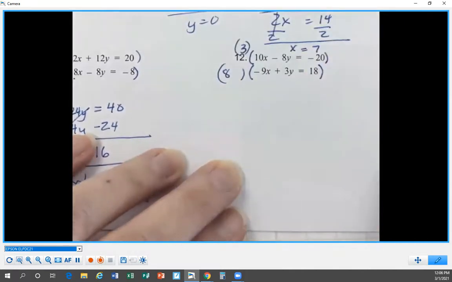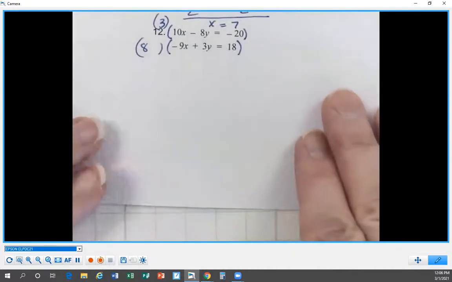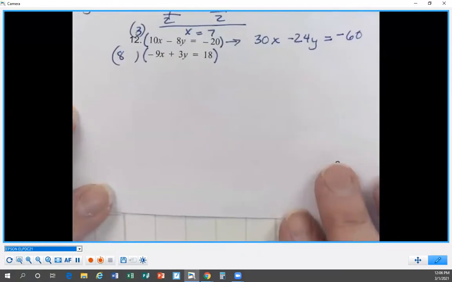And we do have plenty of room here, so I'm just going to move this right over to the right. 3 times 10 is 30x. 3 times minus 8y is negative 24y, or minus 24y equals, and 3 times negative 20 is negative 60. See if we can get that to focus a little bit better. There we go.